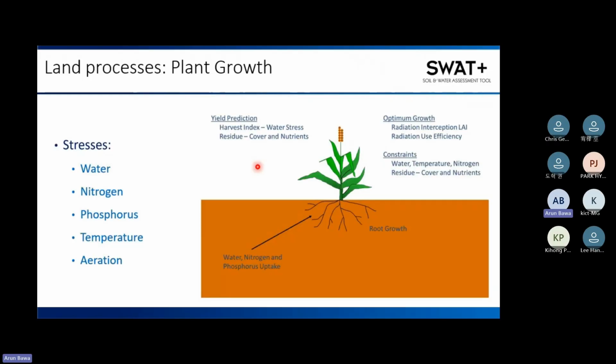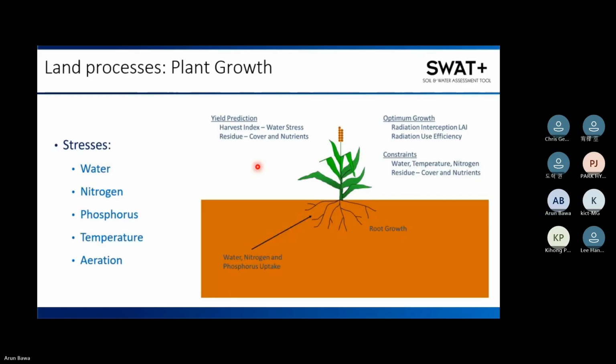Or the soil conditions are anaerobic, and the plant doesn't have aerobic conditions for root growth. So SWAT calculates all of these stresses individually. Based on, say, that day my corn plant needs this much water, but soil water is only available this much, it calculates what the stress is.